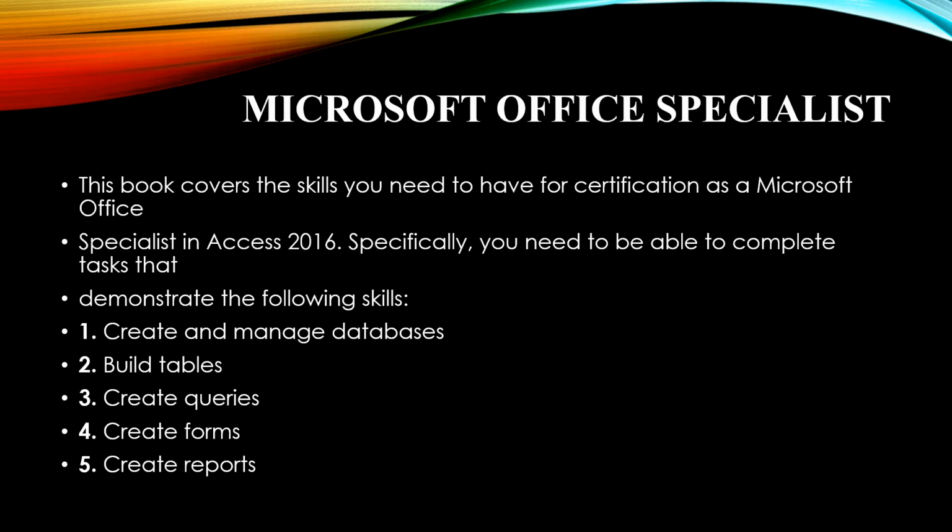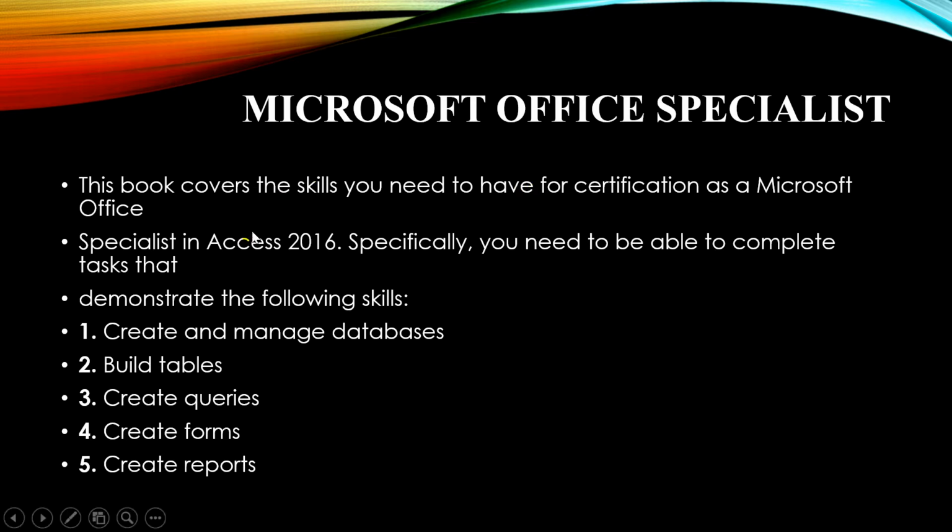It means this book covers the skills you need to have for the certification as a Microsoft Office Specialist. If you want to be certified in Microsoft Office and Access Database, you should read this book and complete the skills. After that, you can take an online exam, then get the certification.